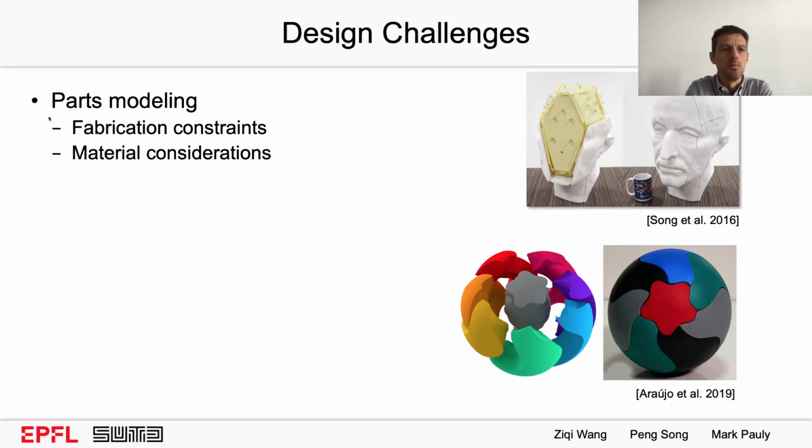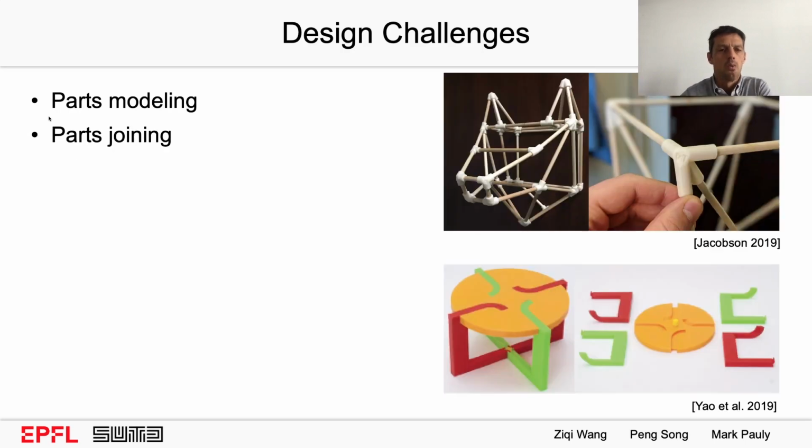Related to that, there will be constraints on material and appearance of the individual parts. We also need to figure out how we're actually going to join and aggregate component parts together. So what type of joining model are we using? How are joints interacting with the individual pieces in order to achieve the desired functionality?